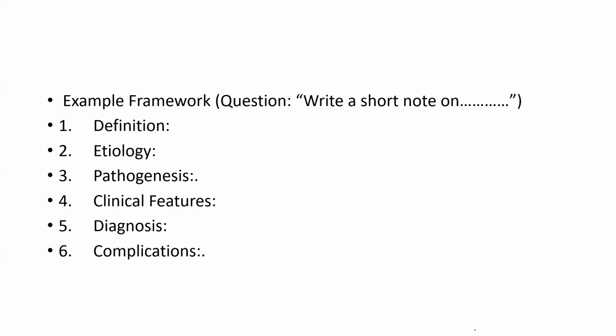Then you will get some additional marks. So you have to do this if you have the time. Anyway, it is good to do because you will get some additional marks for your drawing if you are supposed to describe some anatomy or some short notes.